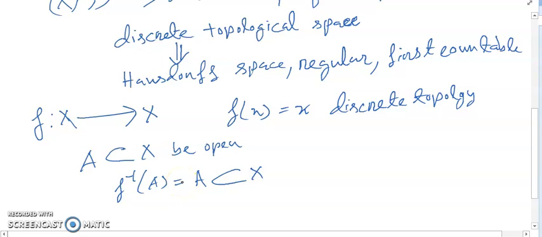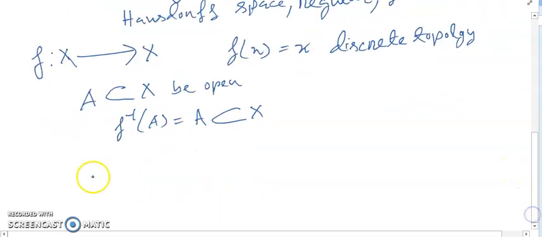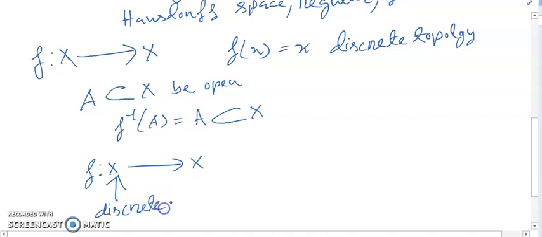Now f: X → X, where the domain X is discrete topology, and where the codomain X is co-countable topology.